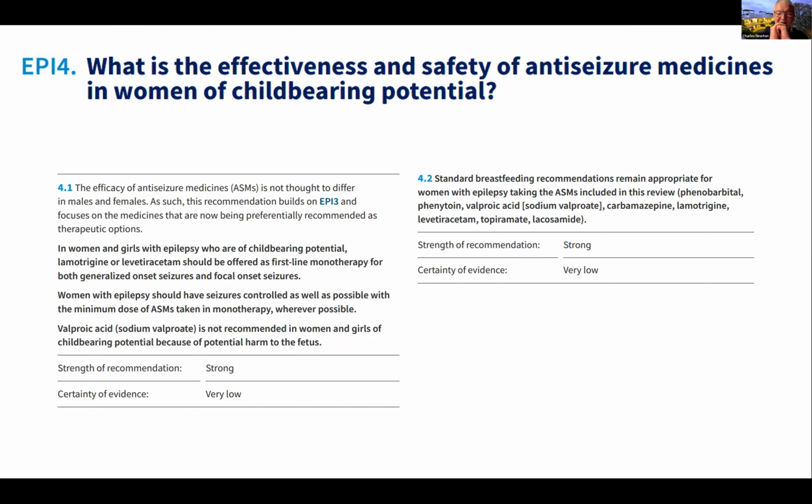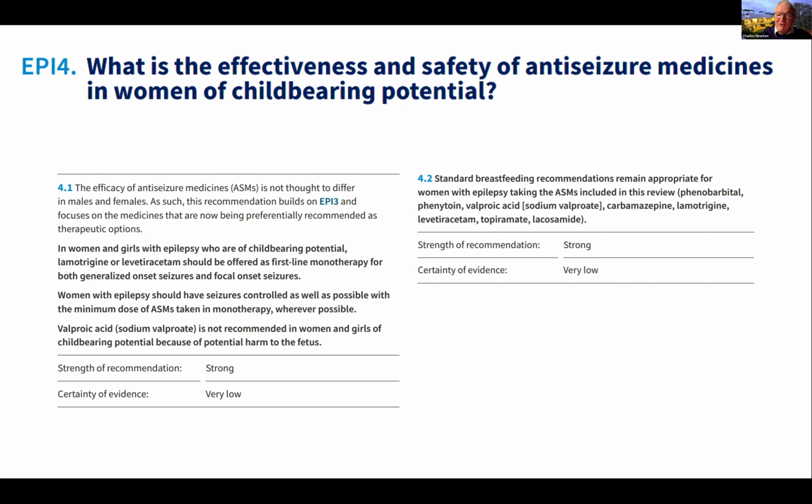And sodium valproate is a good drug. It's very effective. And it's particularly useful in people on antiretrovirals because it doesn't interfere with them. But because of its teratogenic effects, which are well documented, this is now not recommended in women and girls.